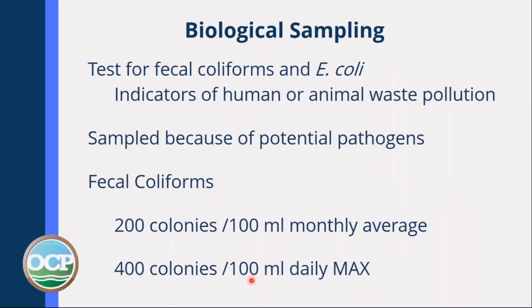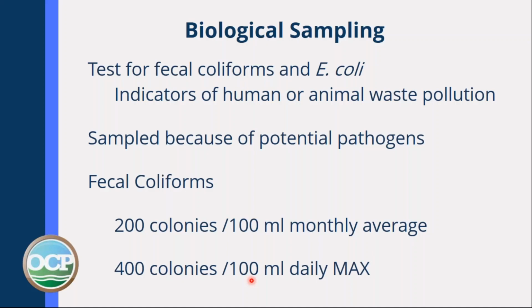We have to test for potential pathogens in the water. This is an example of biological sampling. And we are going to test for fecal coliforms because they are indicators of human waste or even animal waste. And very specifically for E. coli, if we find E. coli, that is not a good thing. They have the capacity to cause disease.